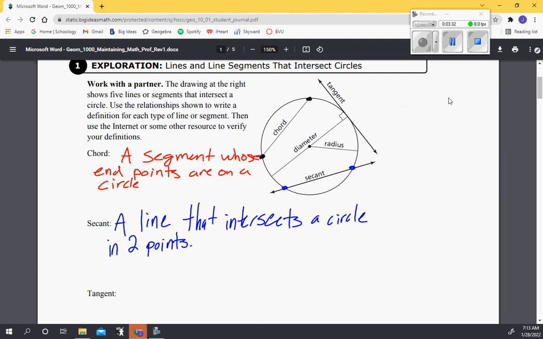You know, tangent. I know this might get a little confusing because we've seen the word tangent before when we were working with right triangles and trying to find angles or side lengths given an angle.